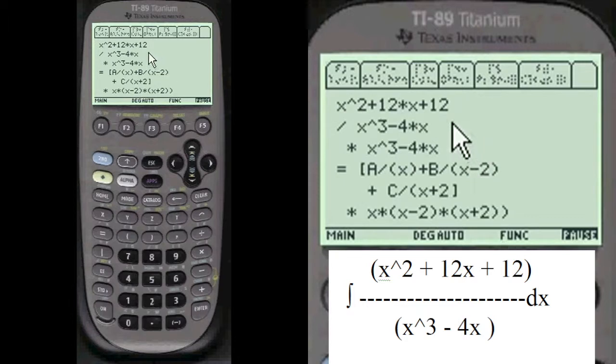So you write this on your paper: x squared plus 12x plus 12, which is the numerator, divided by the denominator, times the denominator. And this is the actual denominator of the factors. So we do the same thing here, and then we're going to use this to multiply times all of this to get rid of the divisions.